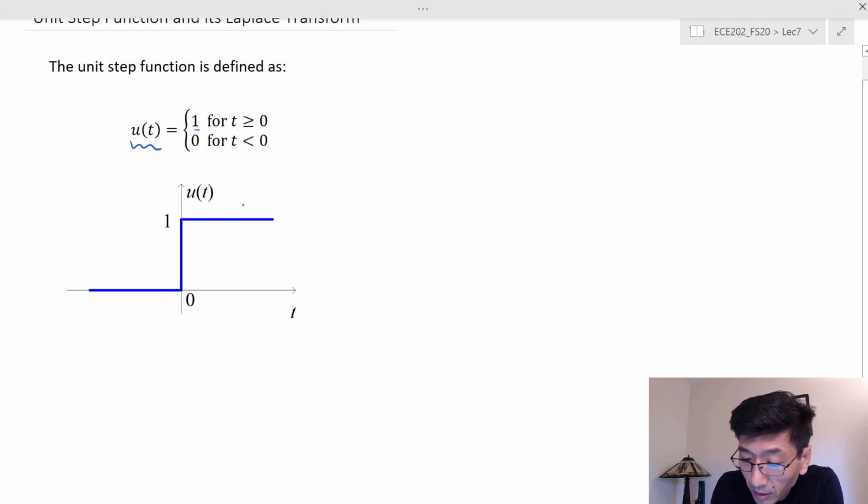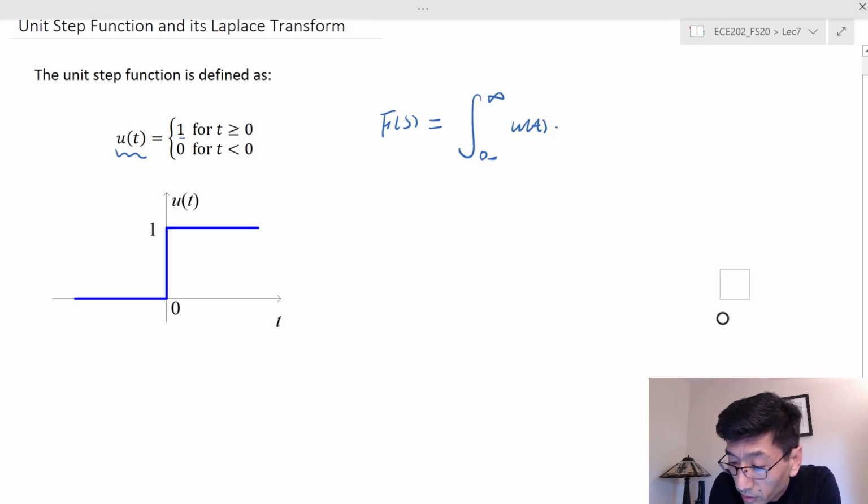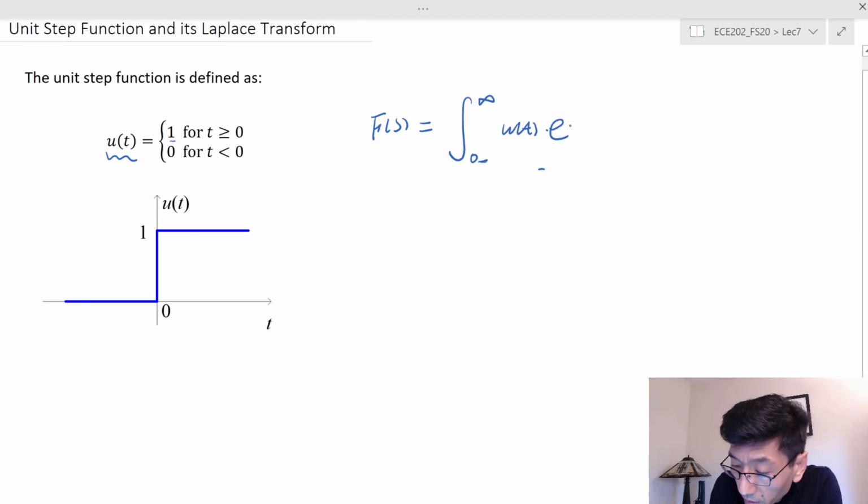Let's look at the Laplace transform for this one. Based on the definition, that's going to be the integral from 0, let's see, use 0 minus. We'll explain this would be the same for 0 or 0 minus. So u(t) times e^(-st) dt.